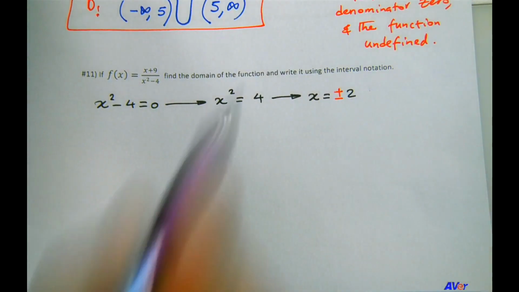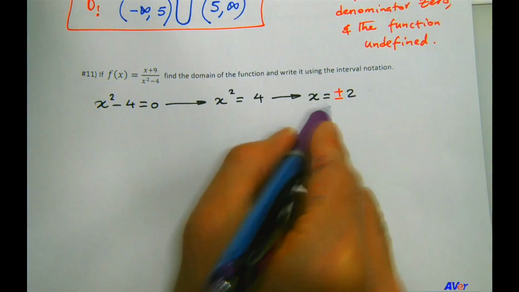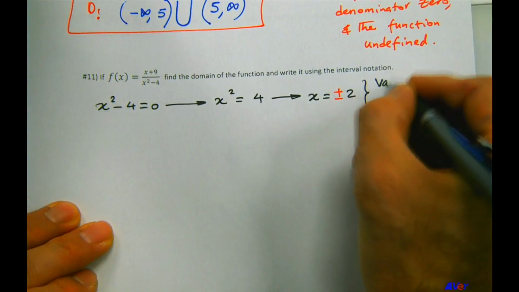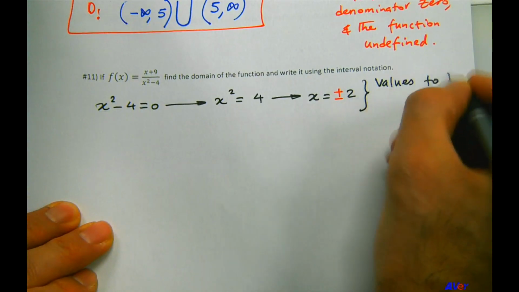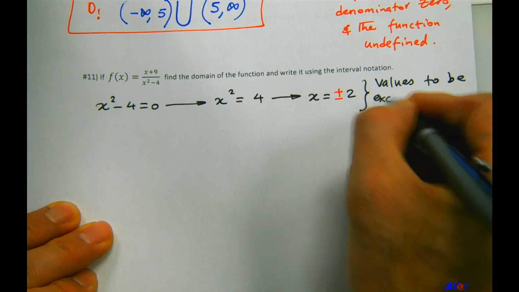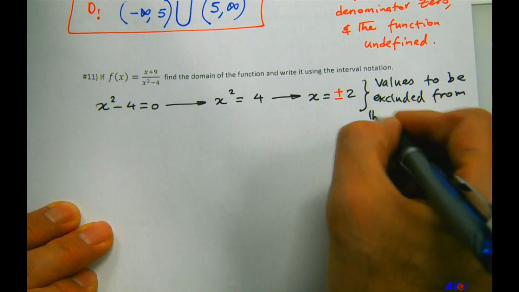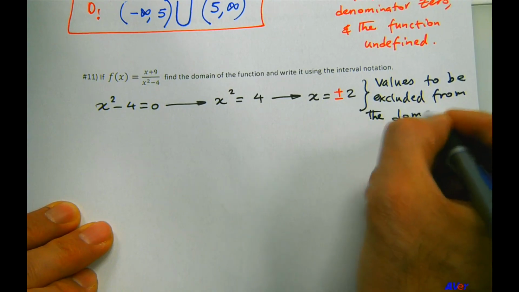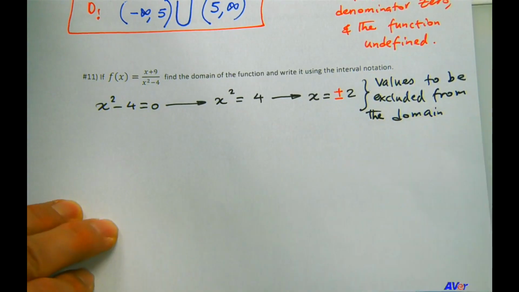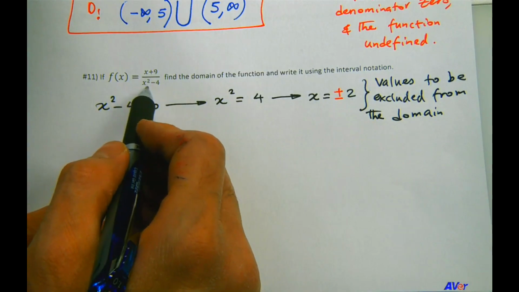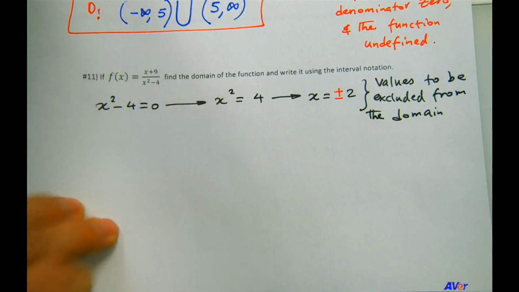Okay, so those two values should be excluded from the domain, because plus or minus 2 will make this denominator 0 and the function undefined.